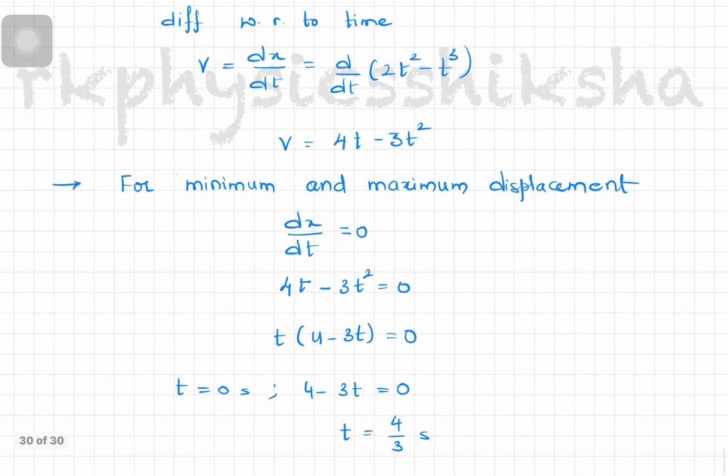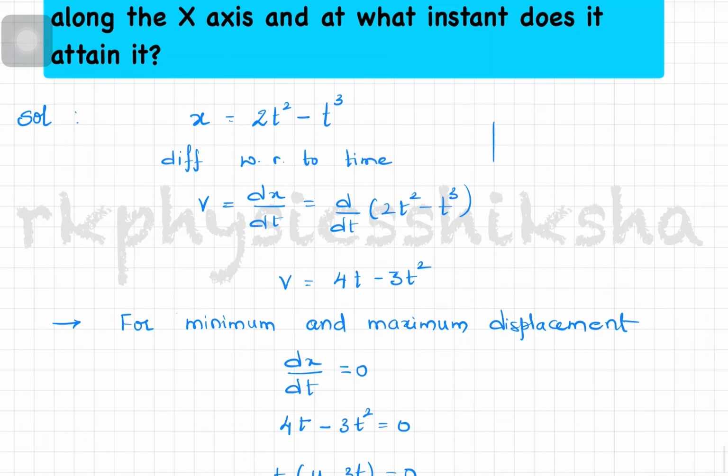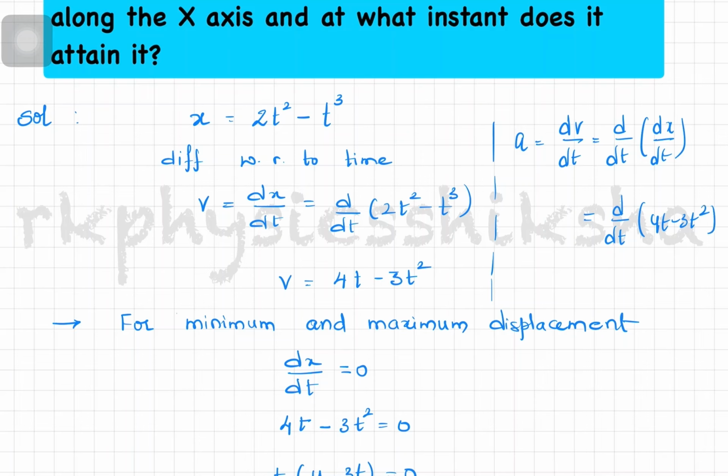So if you go back here, if I differentiate the velocity, we get the acceleration, which is dv by dt, which is d by dt of dx by dt, that is d by dt of 4t minus 3t square. Differentiation of 4t is 4, and differentiation of 3t square is 6t.